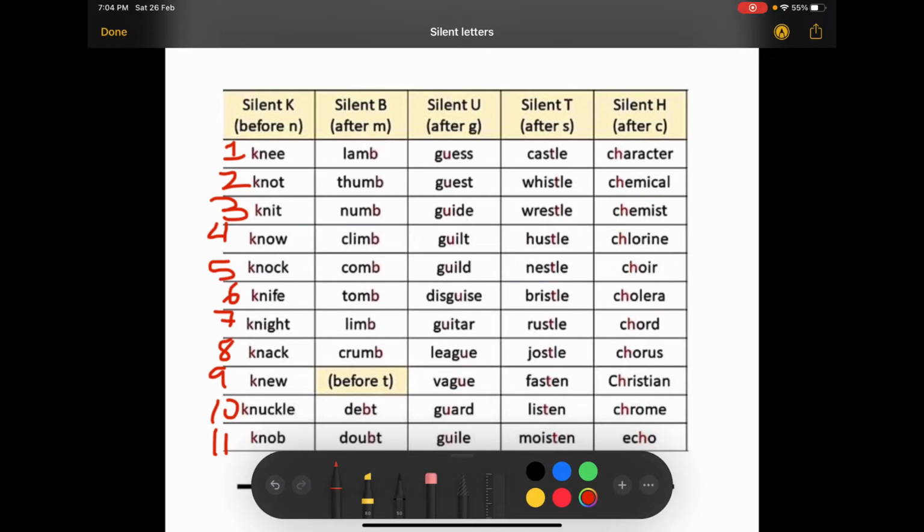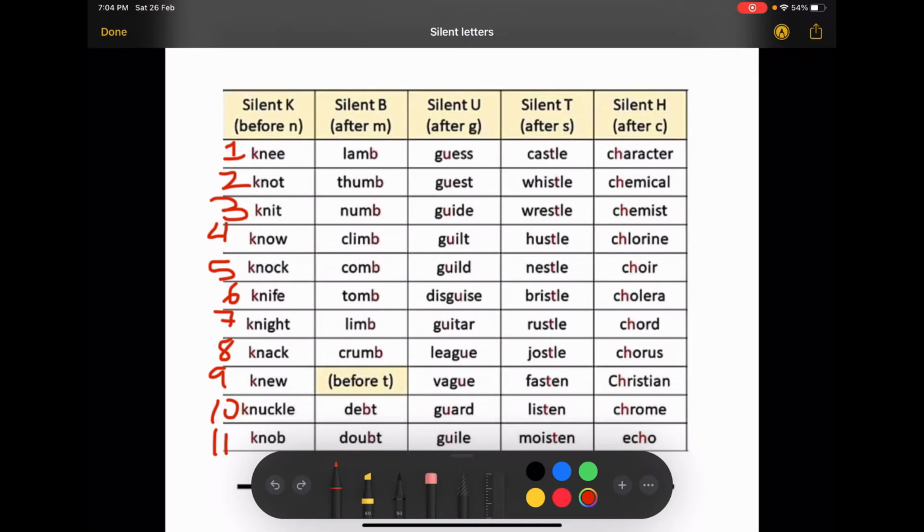Next, we have the silent B. There are a couple of words that have an M before the B, and there are a couple of words as well that have a T after the B. So the first word we have is lamb, and you pronounce it as L-A-M and not L-A-M-B because the B is silent.